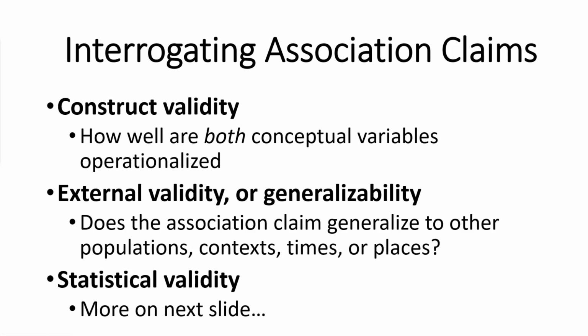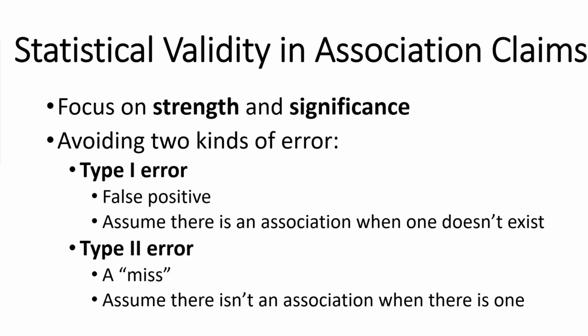Because with a frequency claim, if you're only looking at one number, the statistics are a lot simpler, and so sometimes they can be overlooked and it's not a huge problem. But as we get into more complicated setups where we have two variables, it gets a little bit more complicated. So we're still going to focus probably on strength and significance.